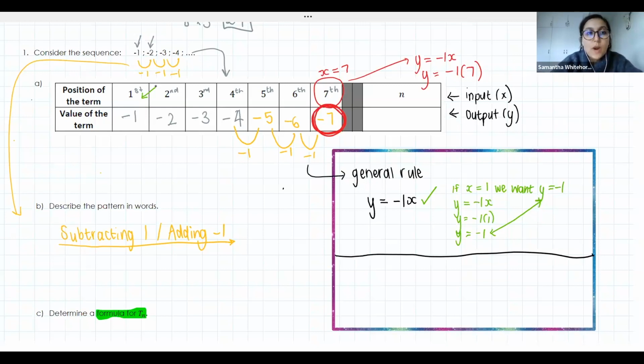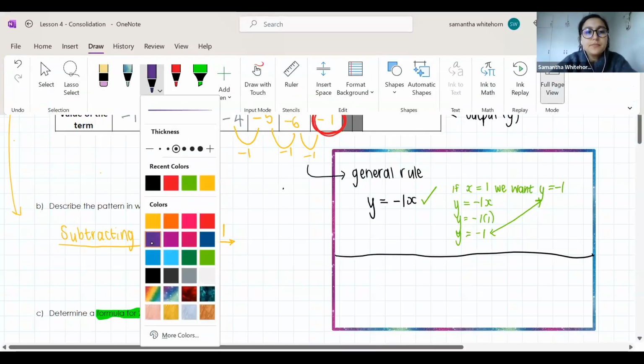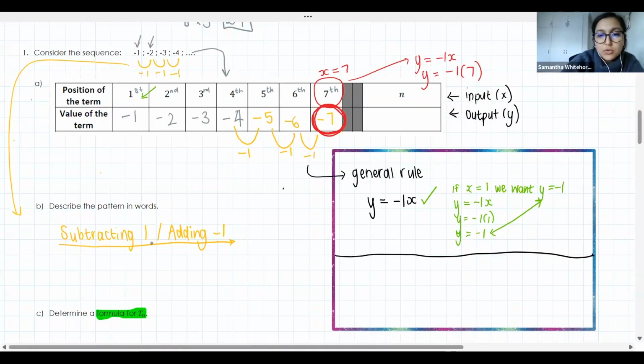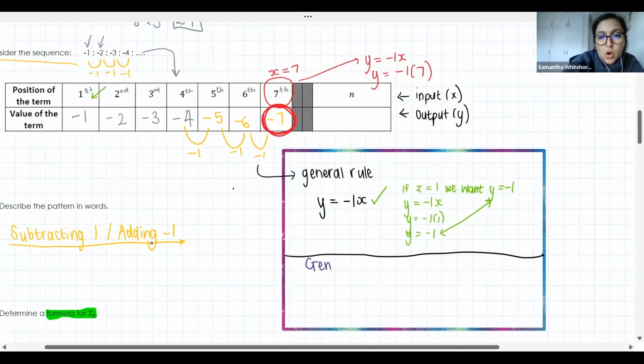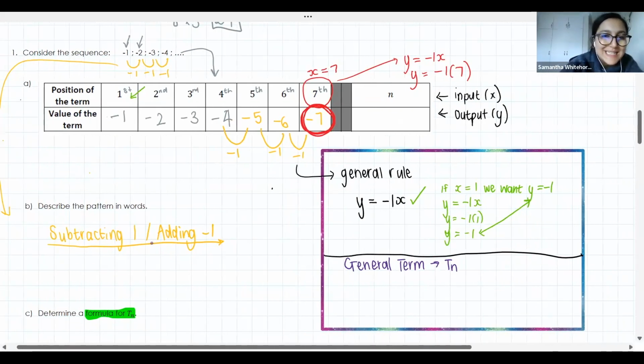However, when we now start talking about number patterns specifically, we now start talking about a general term or what we call T of N. Okay, so this is where the T of N comes from. T of N basically means exactly the same thing as the general rule.